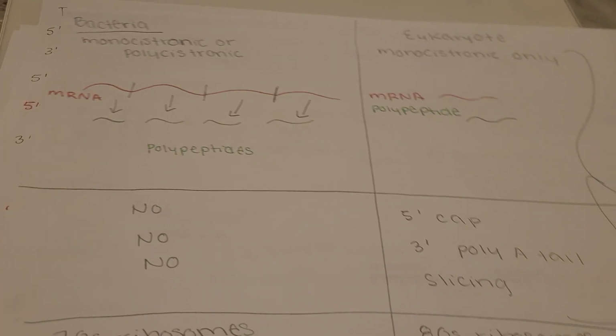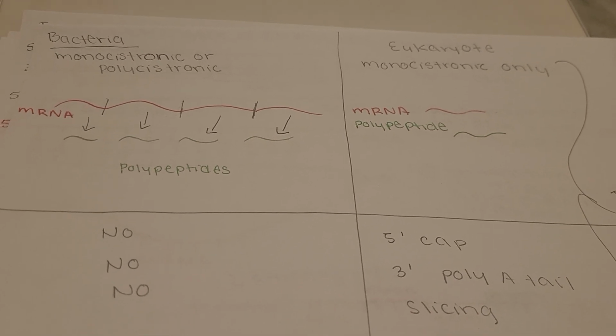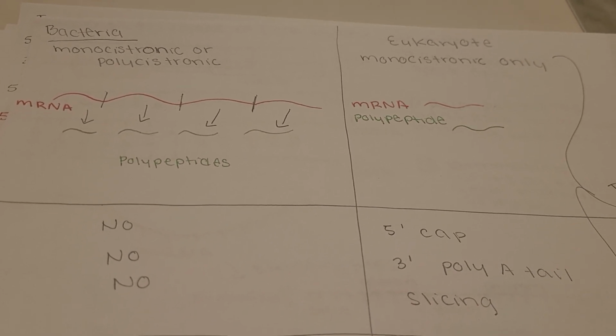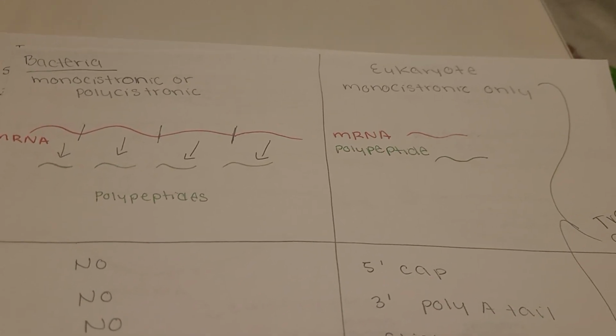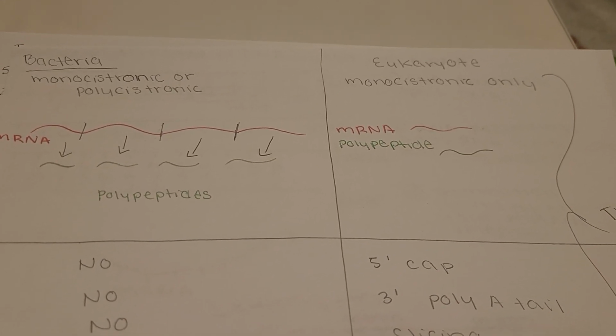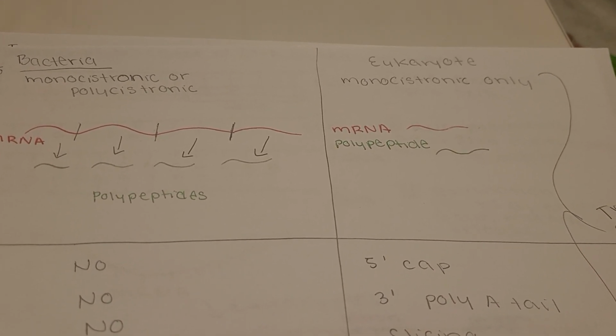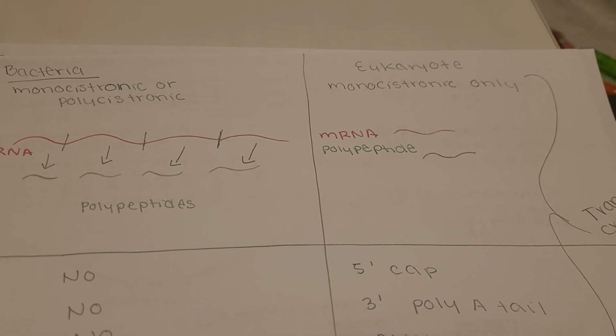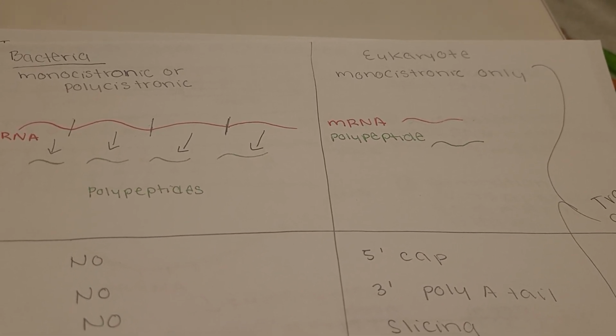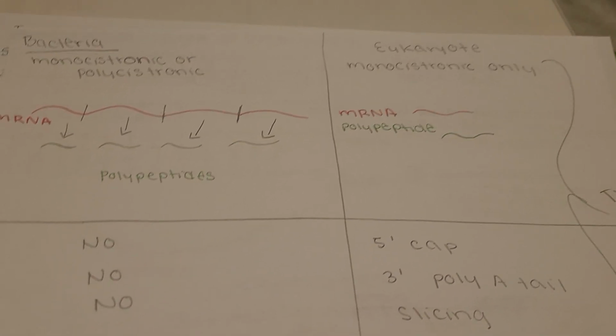So another difference between bacteria and eukaryotes is that bacteria could be monocistronic or polycistronic, while eukaryotes can only be monocistronic.